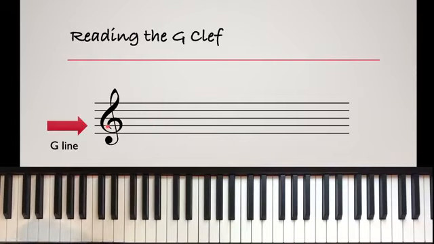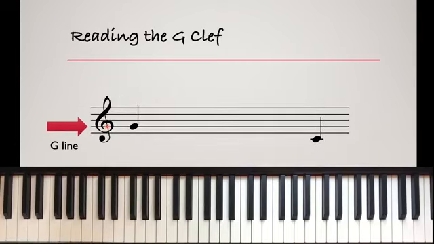That means that any note that we see on the G line is going to be a G. For this note, it's always going to be the G above middle C. Here's middle C, and the note that I've got my pointer around here is G. If you're playing music with a G clef, it's always going to be that note there.